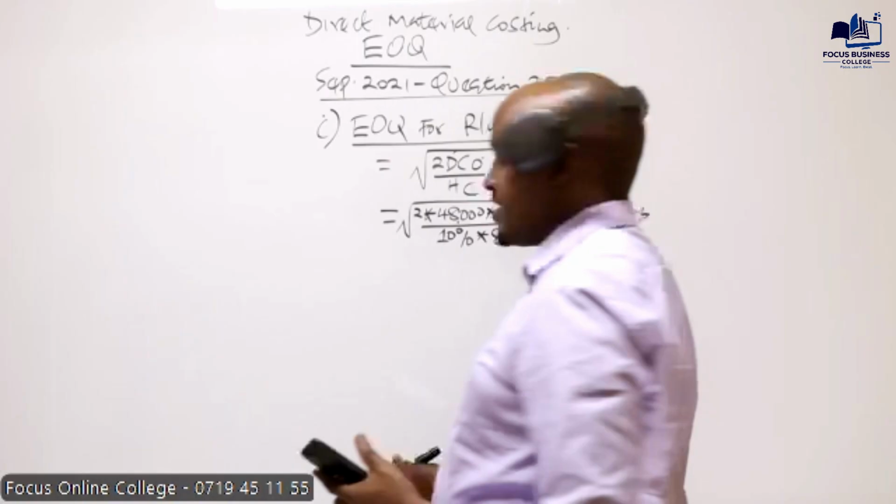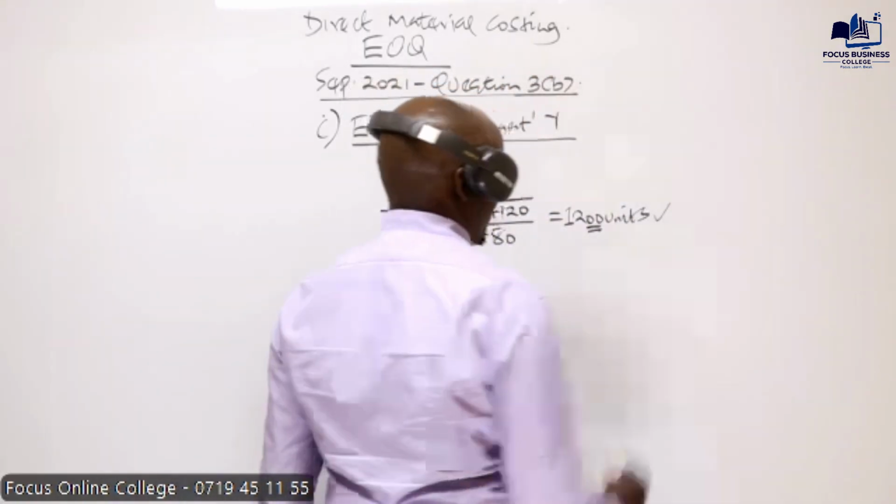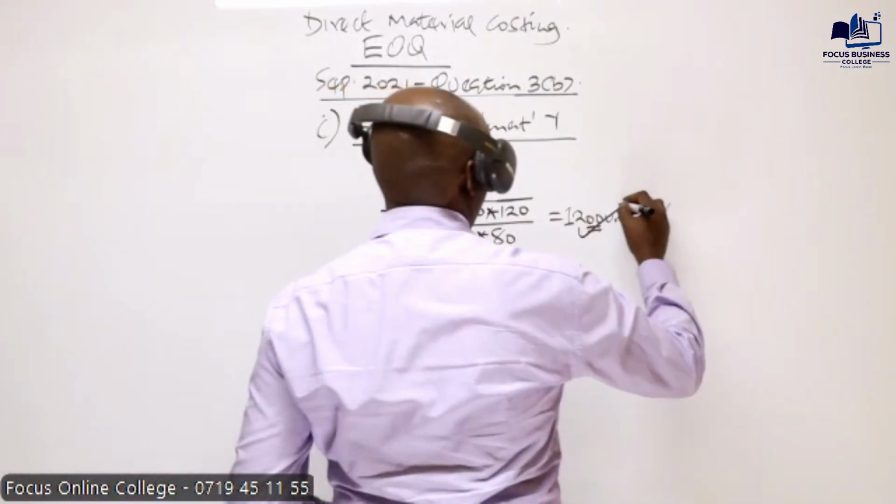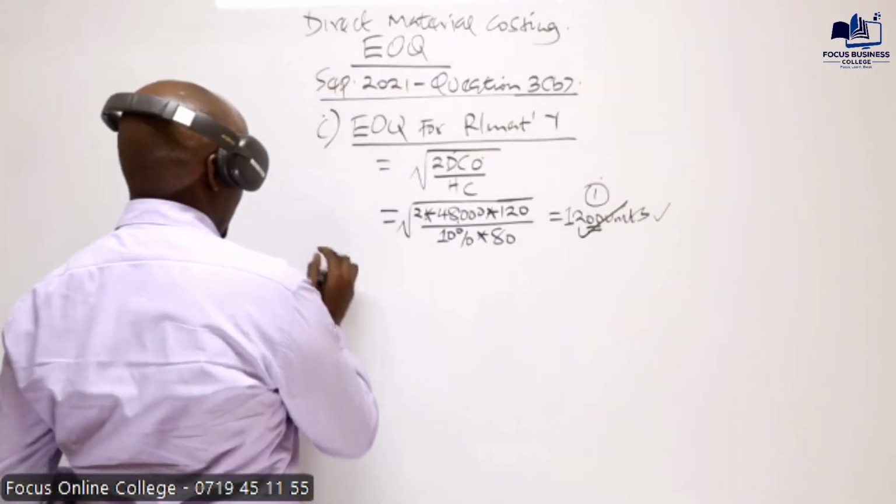Yes, so that basically will give us 1,200 units. So this is the economic order quantity. Just one mark was allocated for that.